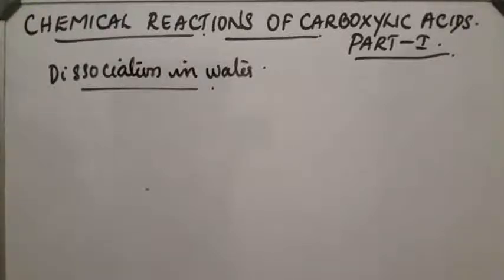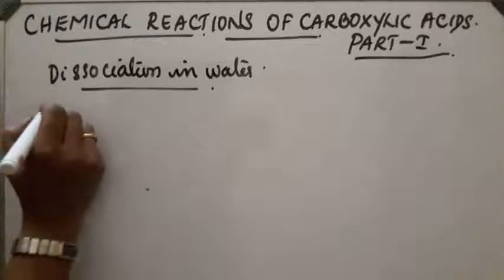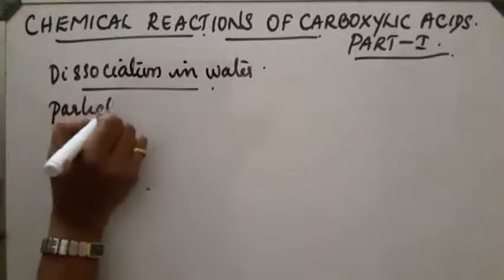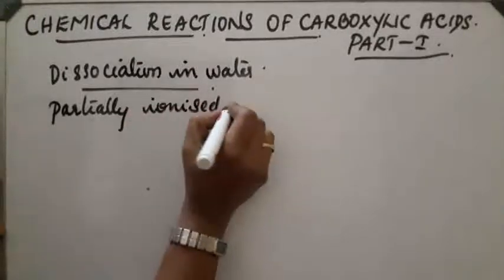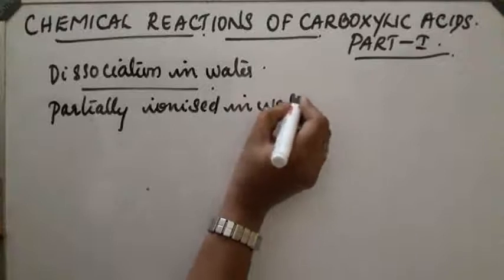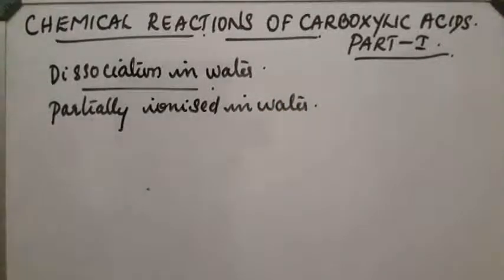Carboxylic acids are weak acids compared to mineral acids, and they are partially ionized in water. An equilibrium exists between the ionized and unionized forms. And the carboxylate ion formed will be highly resonance stabilized.